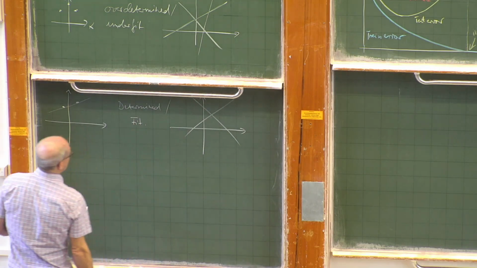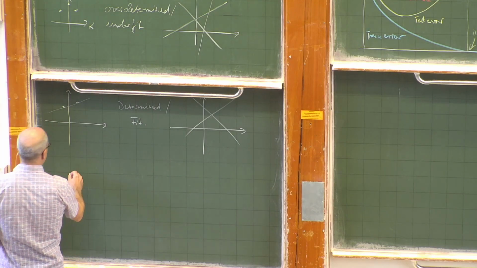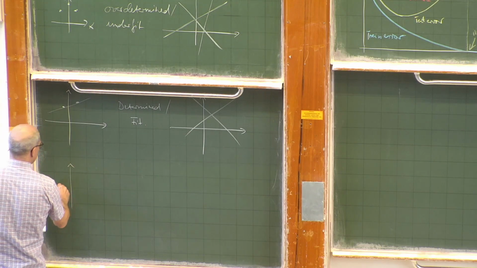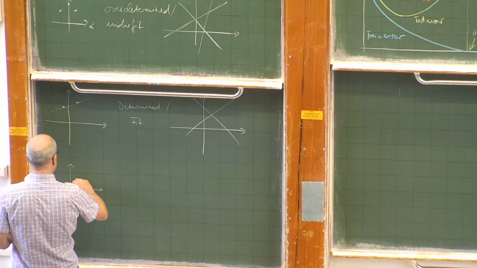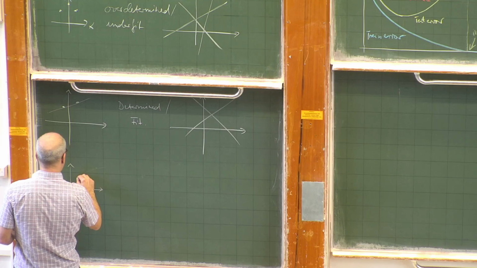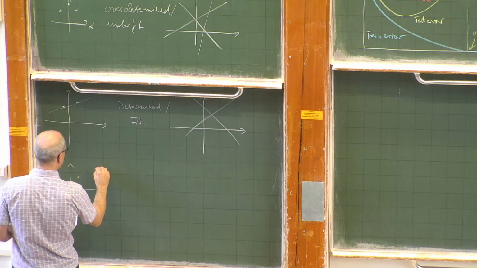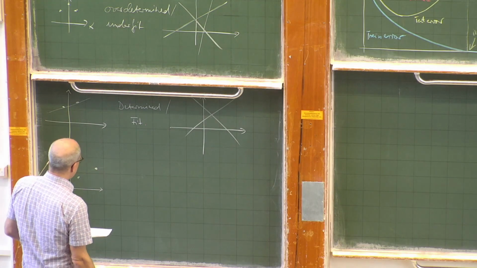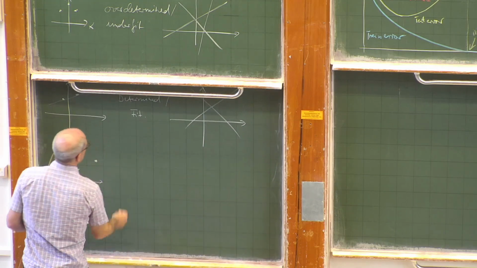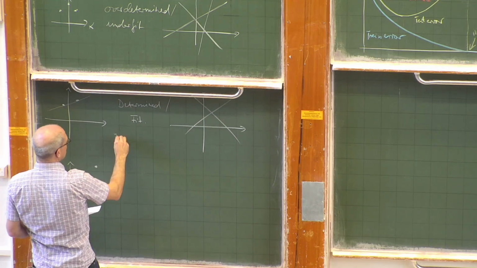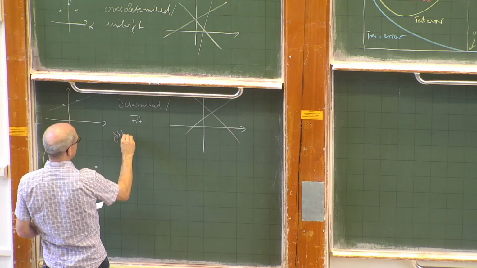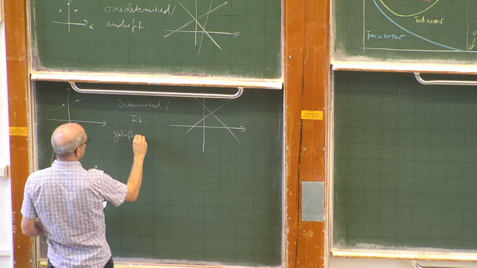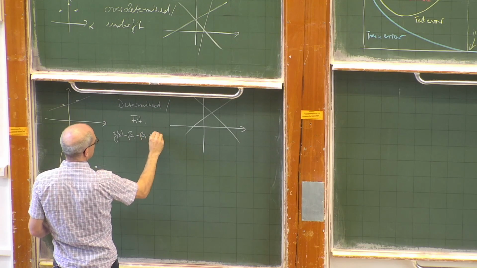And now I can go 1 step further and say, okay, I have 2 points. Maybe I have this point here and this point there. But up here, the model that I was using was y hat of x equals beta 1 plus beta 2 times x.